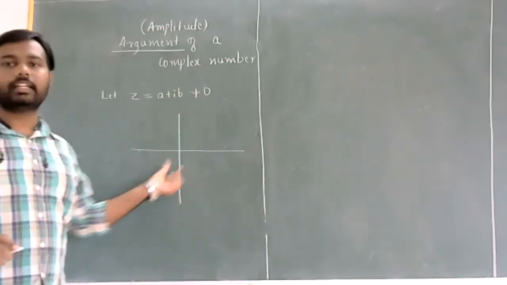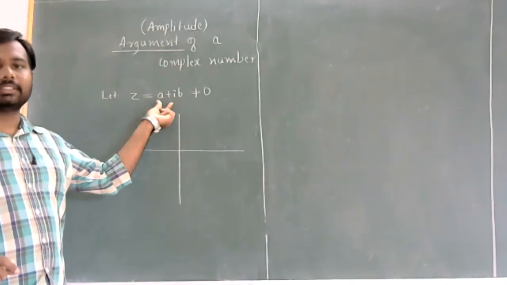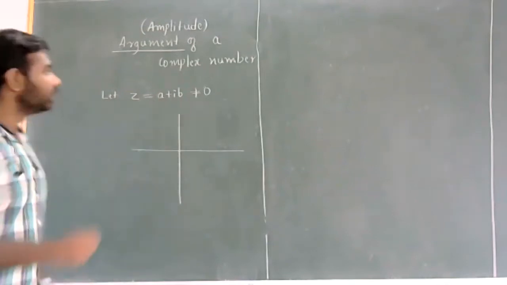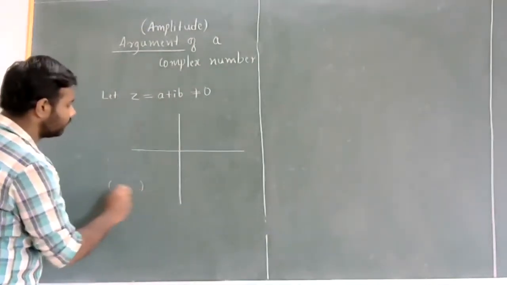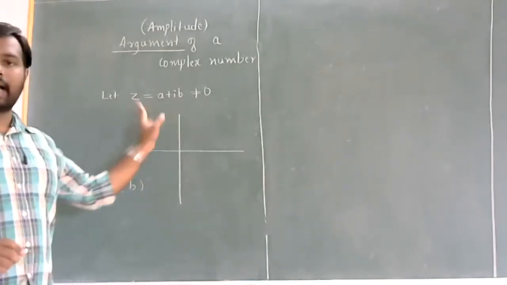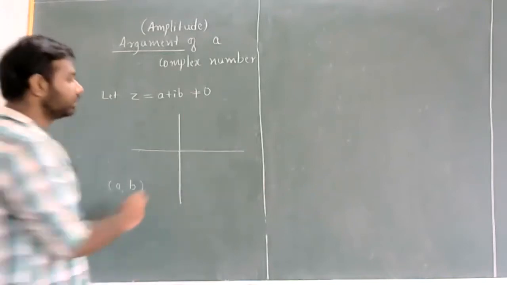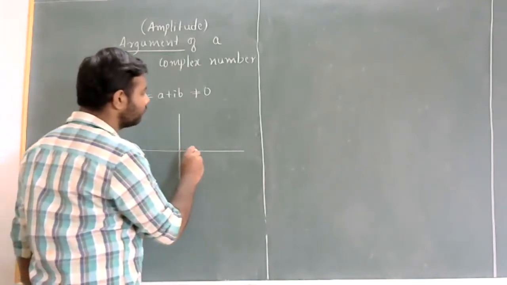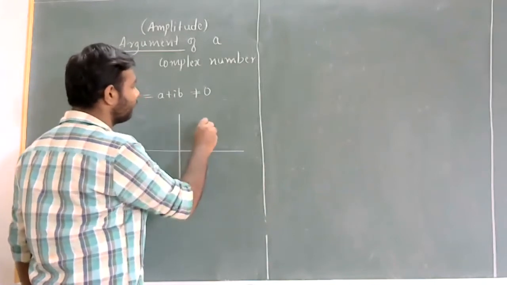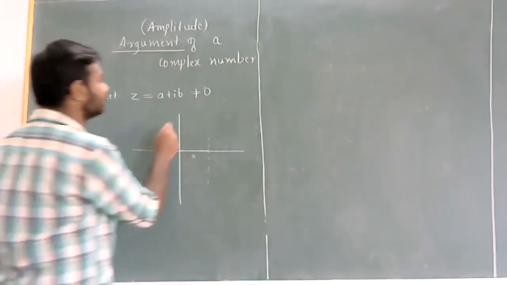first we'll take its representation on the plane. We know how to represent the complex number A plus IB. First we'll consider the corresponding ordered pair of real numbers A and B and try to mark it on the plane. So first we'll mark the X distance, then the Y distance.